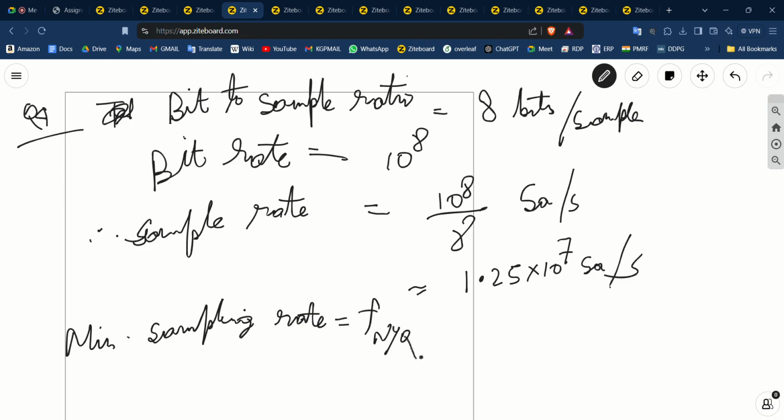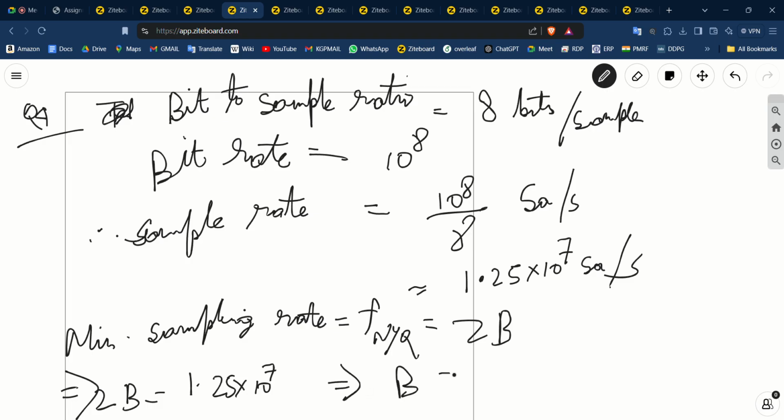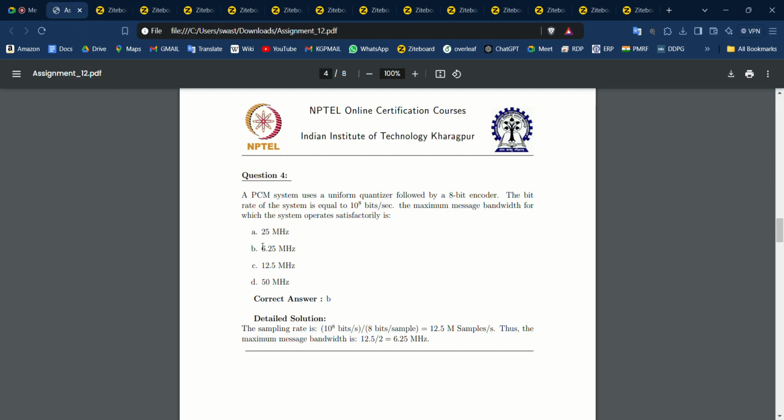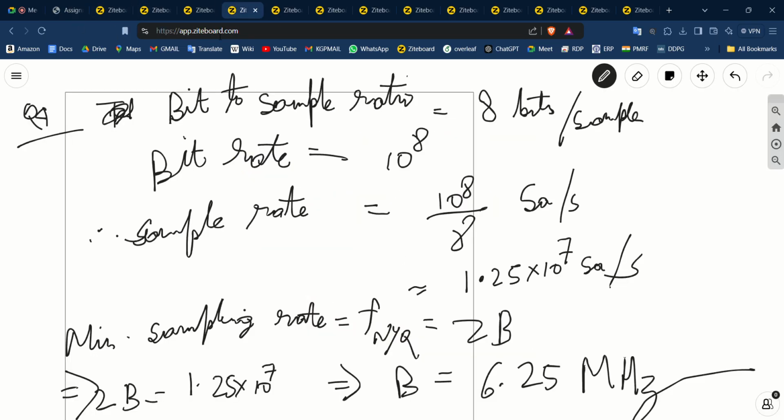F Nyquist is equal to 2 into bandwidth, implies 2 into bandwidth is equal to 1.25 into 10 to the power 7, implies B is equal to 6.25 into 10 to the power 6 hertz, or 6.25 megahertz. So question 4 answer is 6.25 megahertz, B.